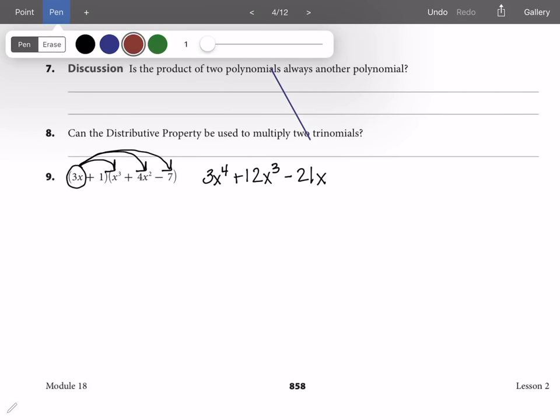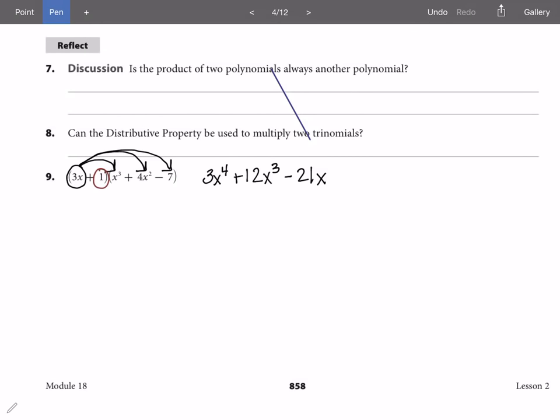I'm going to go ahead and distribute that 1 now. And so I have 1 times x cubed, which gives me plus x cubed. 1 times 4x squared, so plus 4x squared. And then 1 times a negative 7, which gives me a negative 7. And so now I'm going to go through and combine like terms. And so I have a cubed, I have another cubed, and those are the only like terms that I have.